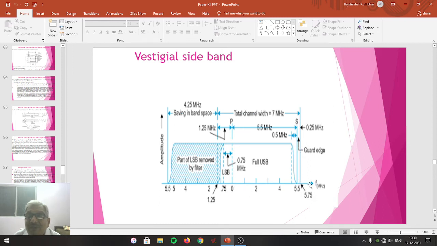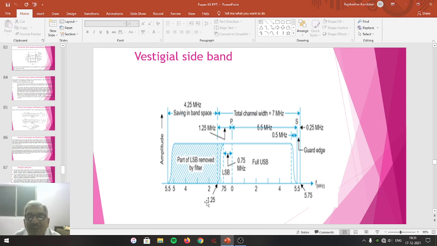So the upper sideband becomes 5.75 MHz, whereas the lower sideband is suppressed at 1.25 MHz, so that 0.75 MHz signals are taken from the lower sideband, even though it is 5 MHz. Out of 5 MHz, only 1.25 MHz signal is going to be retained, and it is introduced in the upper sideband as well as the lower sideband.